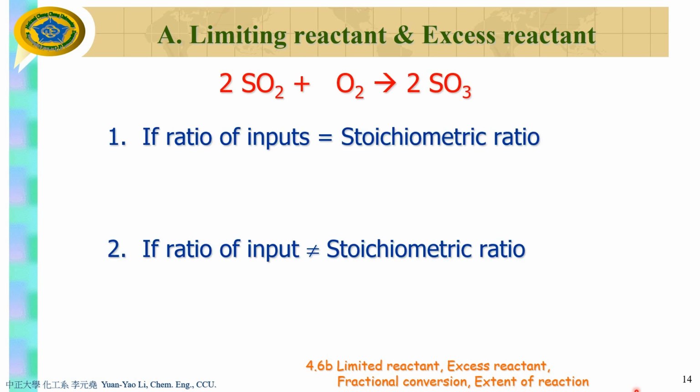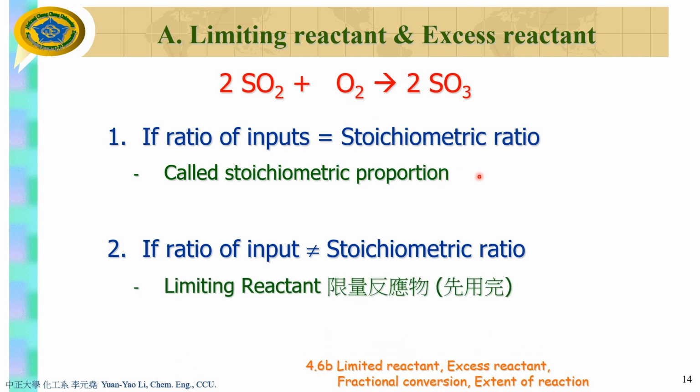So there are 2 circumstances. The first case is if the ratio of the input equals the stoichiometric ratio. This is called stoichiometric proportion, where you fit the 2:1 proportion. This is good.